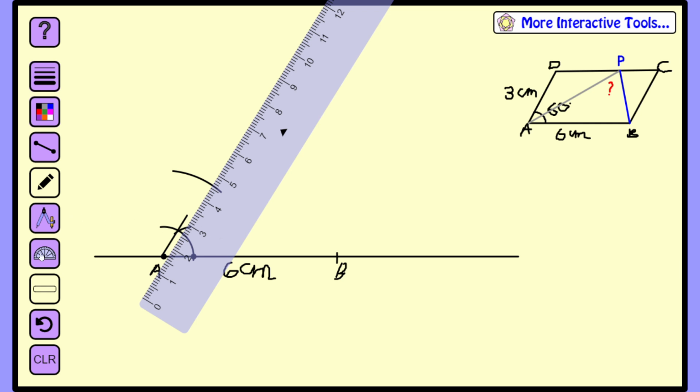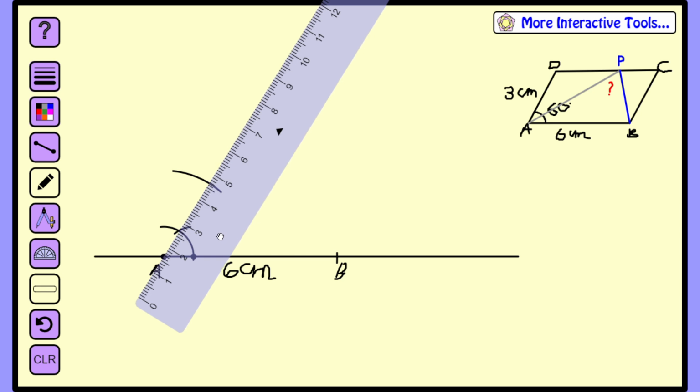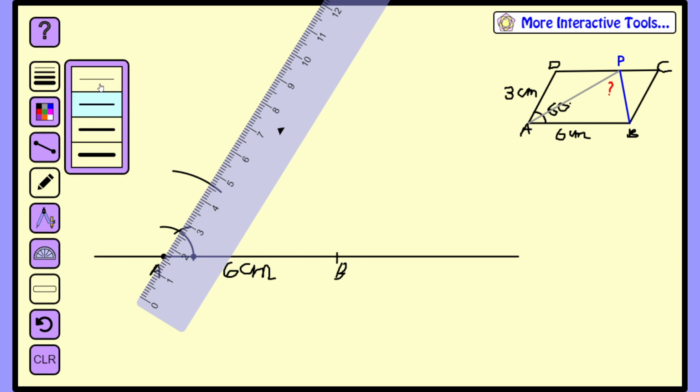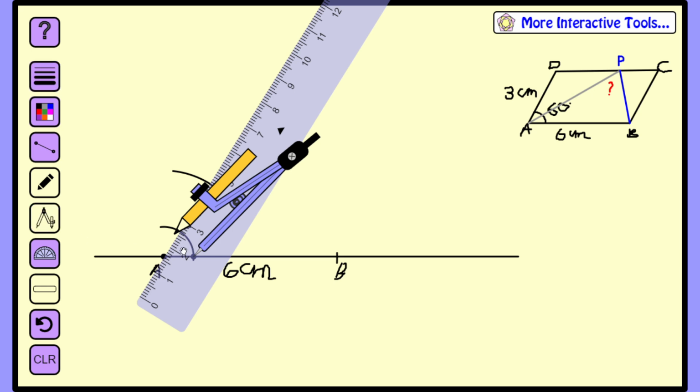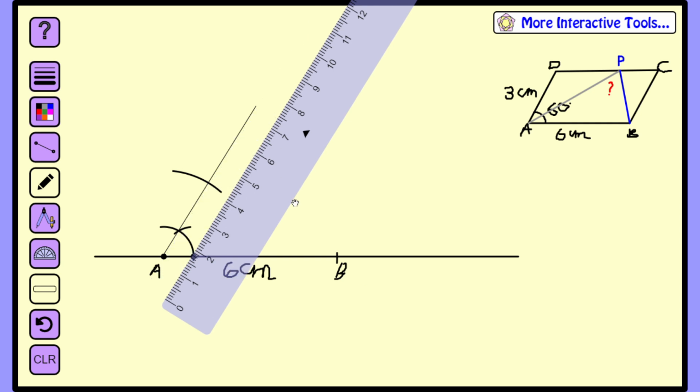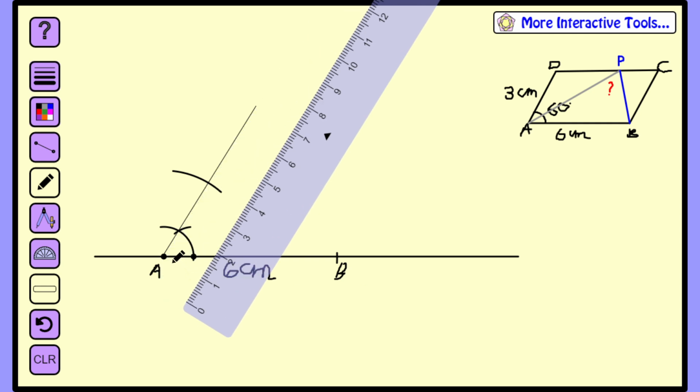It has to be as precise, okay? Let me just retry it. This is the arm of the 60-degree angle.